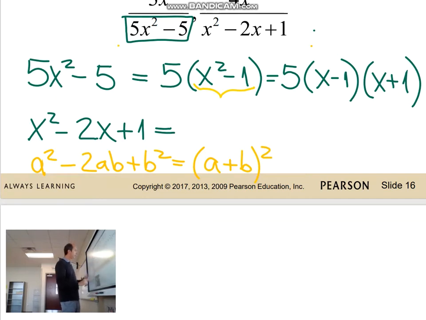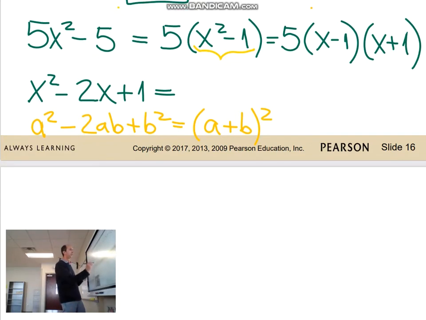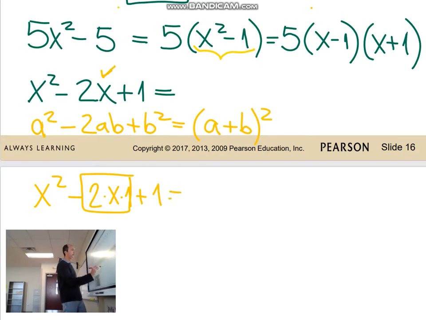You don't need to memorize those formulas, but you need to have a formula sheet or somewhere in your notebook where you can easily find them. You can say a is x, you can say b is 1, then you have minus 2 times x times 1 plus 1. Yeah, this fits. That means we can write it as x minus 1 squared.